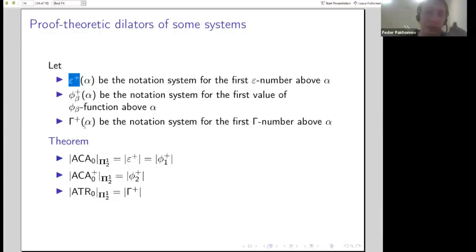And finally, we have the function gamma plus, which again maps alpha to the next gamma number. For people who don't know, these gamma numbers are such that an ordinal alpha is called a gamma number if for any beta less than alpha, phi beta of beta is still less than alpha.